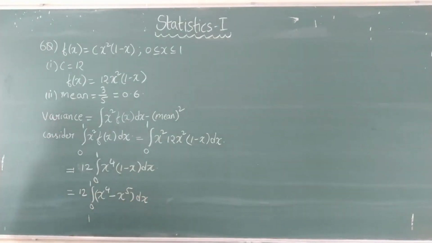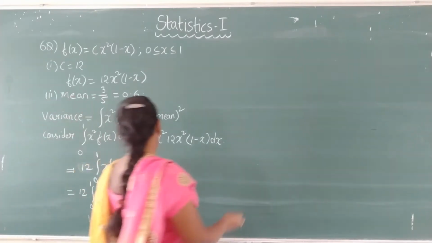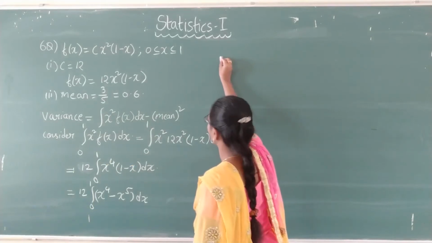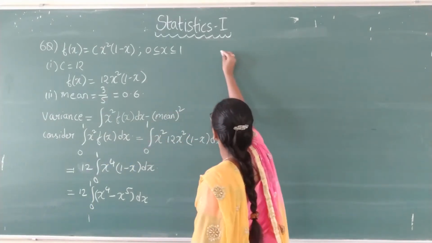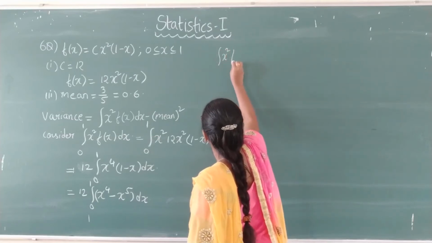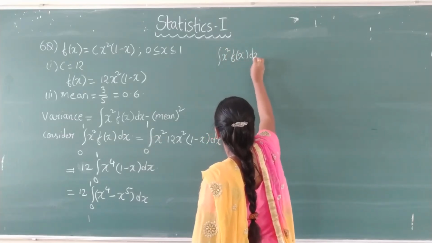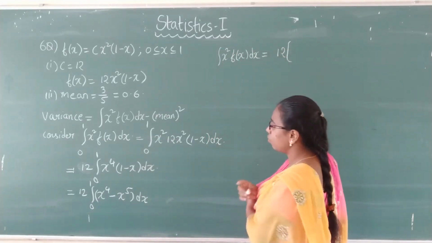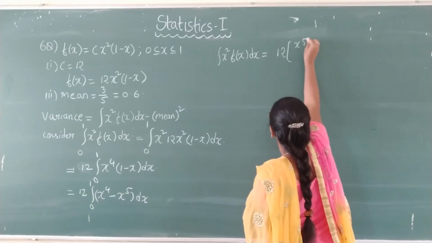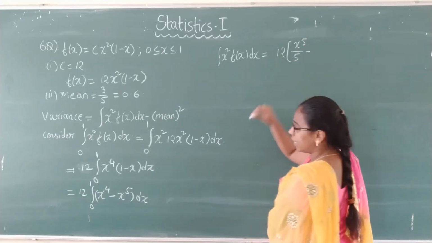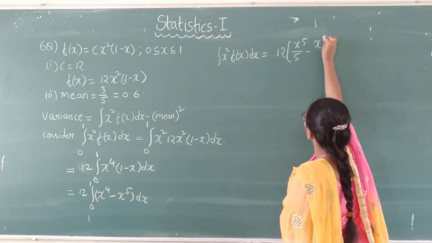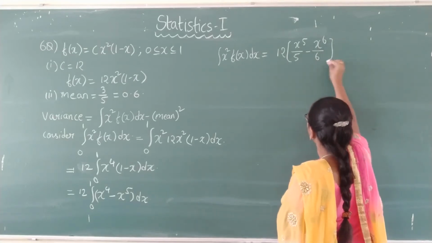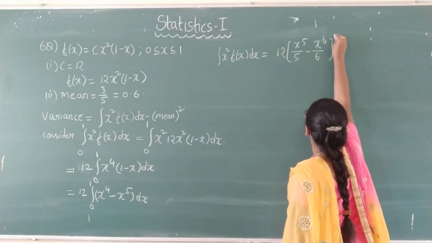Now integrate. What is the x power 4 integration? x power 5 by 5, and the x power 5 integration is x power 6 by 6. 12 is a constant. Which value are we finding? We are finding only integral over x square into f of x dx. This equals 12 into x power 5 by 5 minus x power 6 by 6 within the limits 0 to 1.